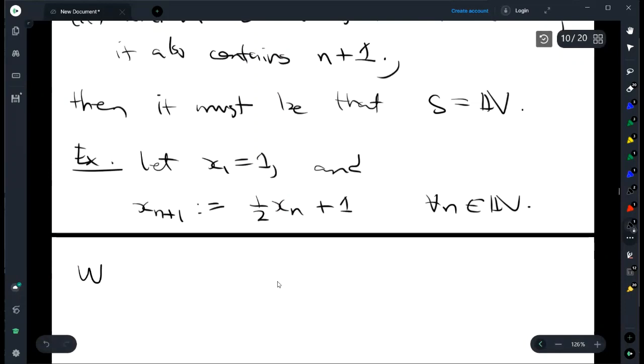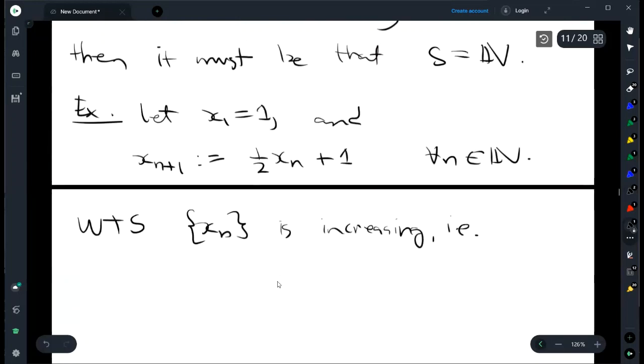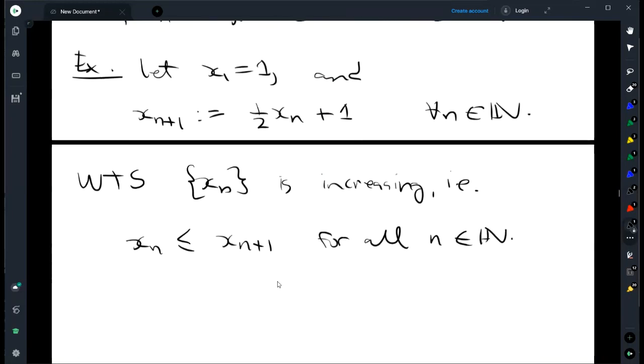Now we want to show that the sequence defined by x sub n is increasing. Or equivalently, we want to show that x sub n is less than or equal to x sub n plus 1 for all natural numbers n.